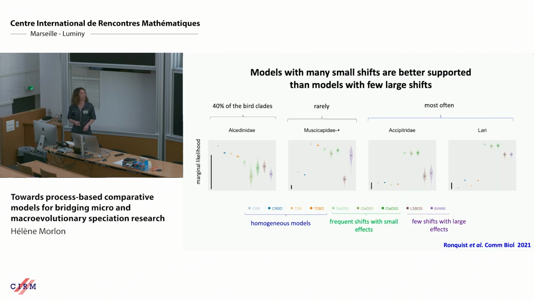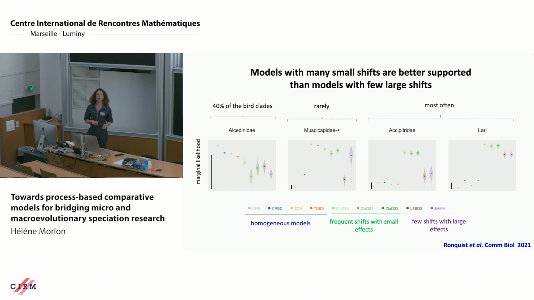What other groups did was to implement our ClaDS model using SMC, so that they are also able to compare the statistical support of different models when compared to data. And when they did that and compared the support for models with our model, so a lot of frequent shifts with small changes in diversification rates versus models where they have few shifts but large effects.